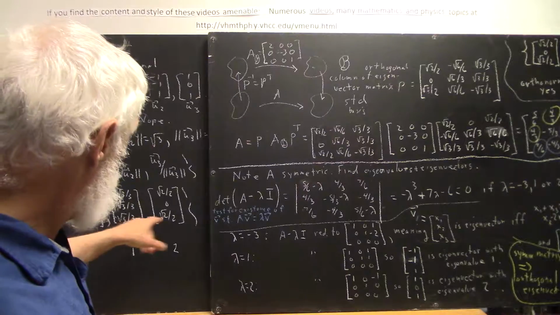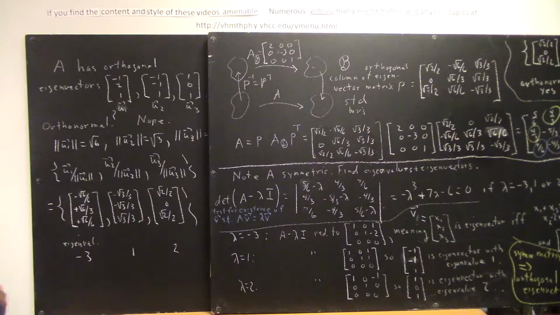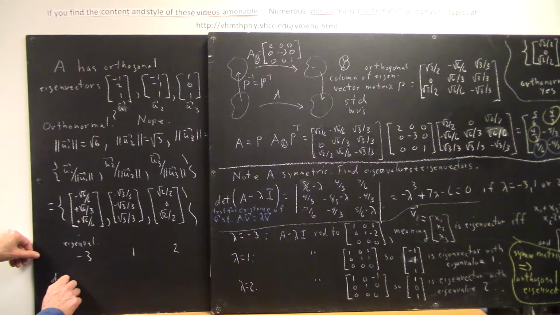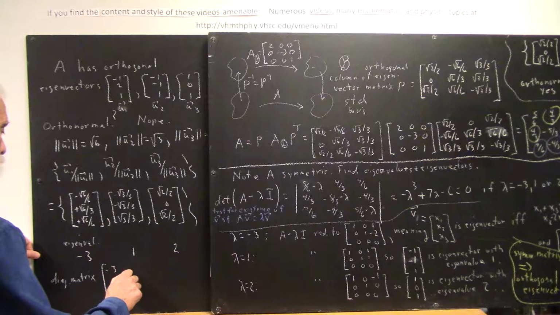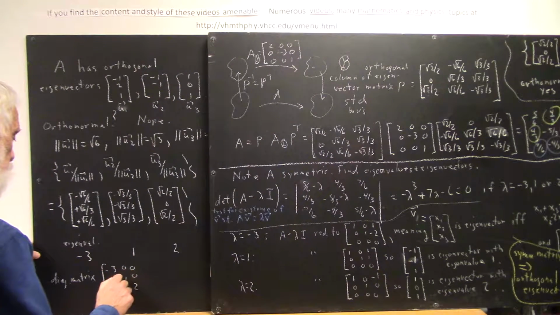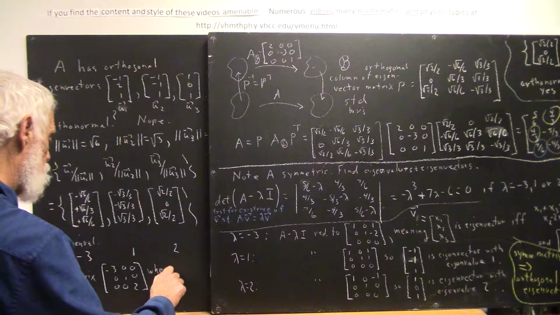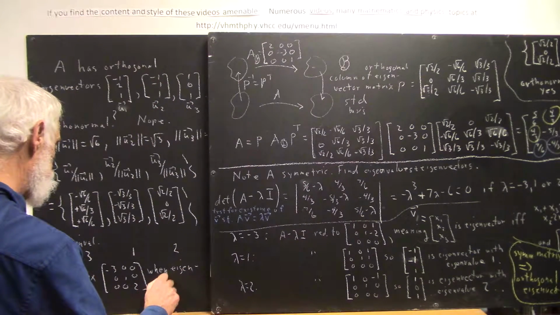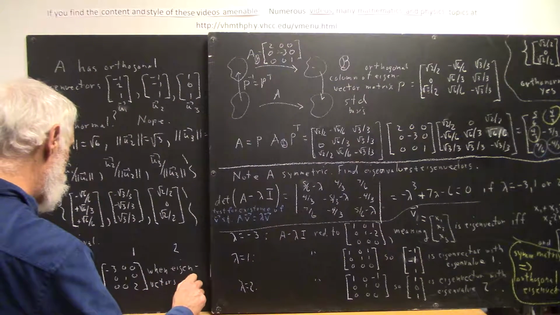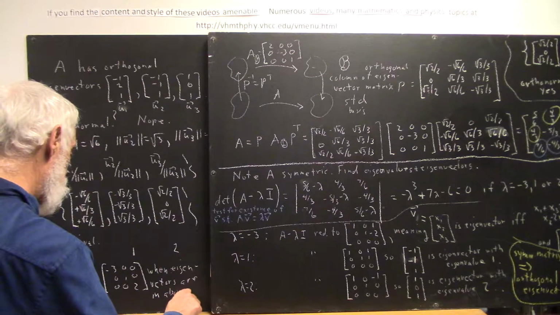And of course, having obtained these eigenvalues and eigenvectors, we know that the diagonal matrix is -3, 1, 2 with zeros everywhere else, when the eigenvectors are in the above order.